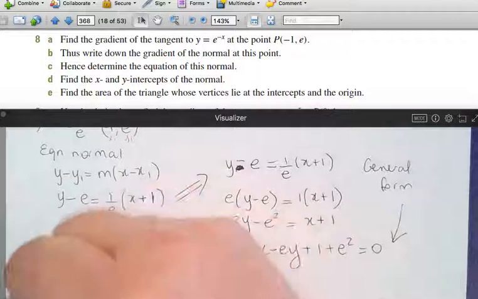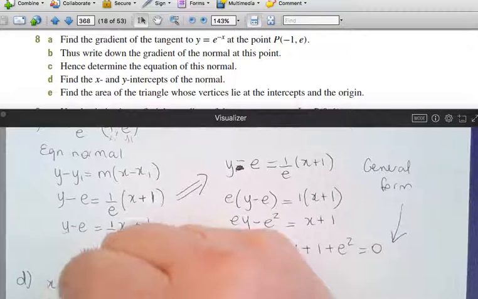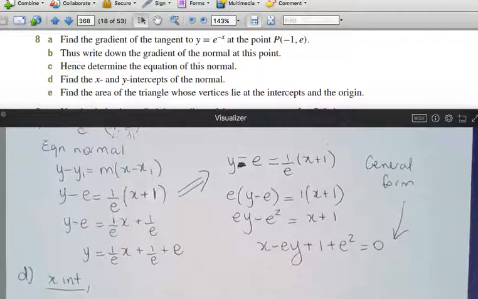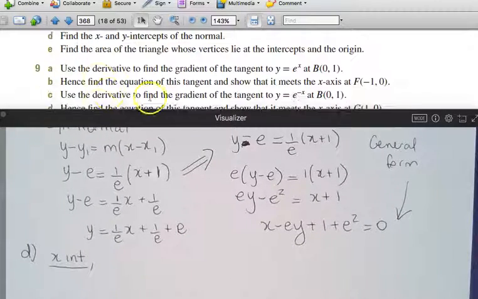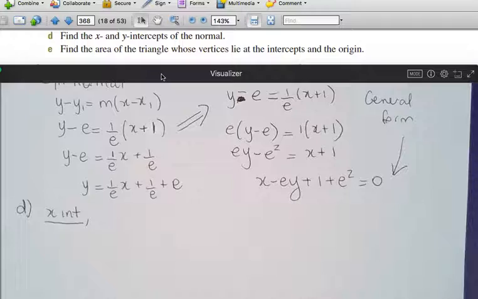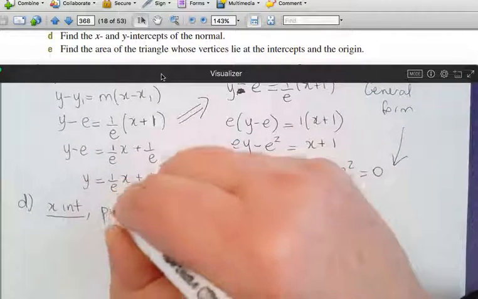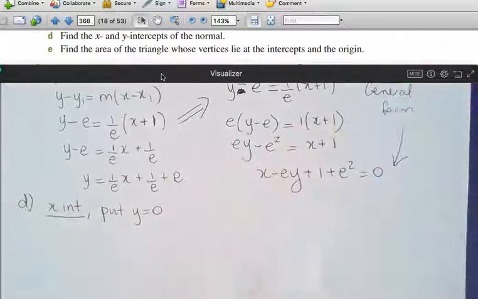Now, can you find the x and the y intercepts? So for the x-intercept, how do you find it? That's right, sub y equals 0. Now look, you might decide you like this form to do that. It doesn't matter. See how the general form's really good for x and y-intercept?